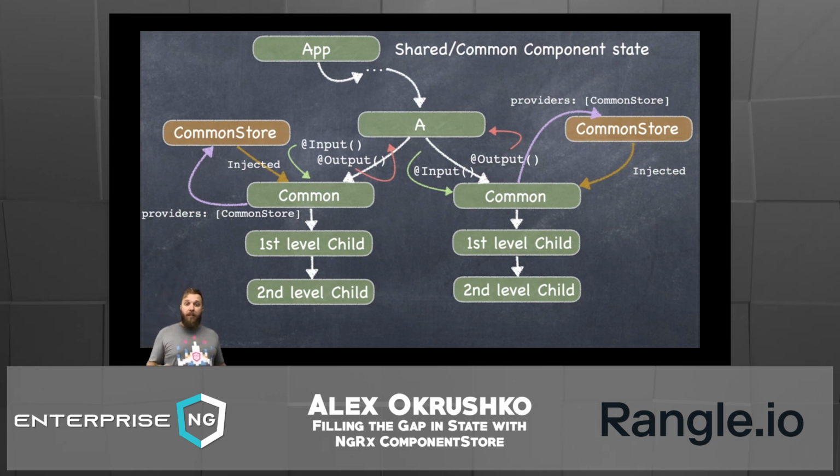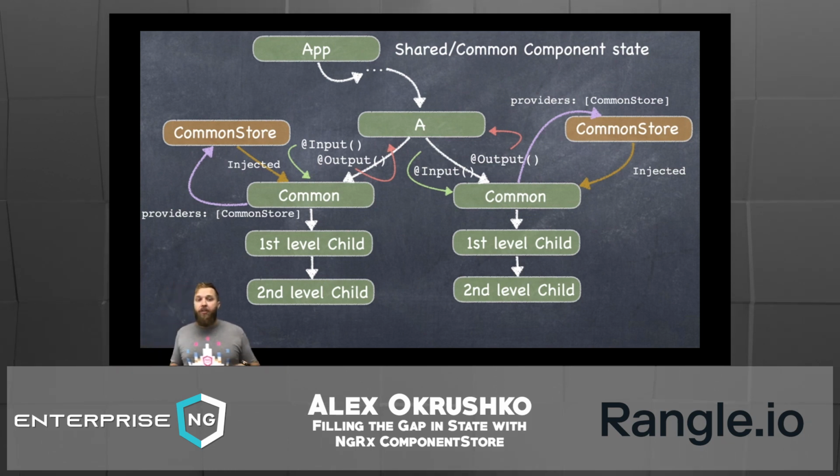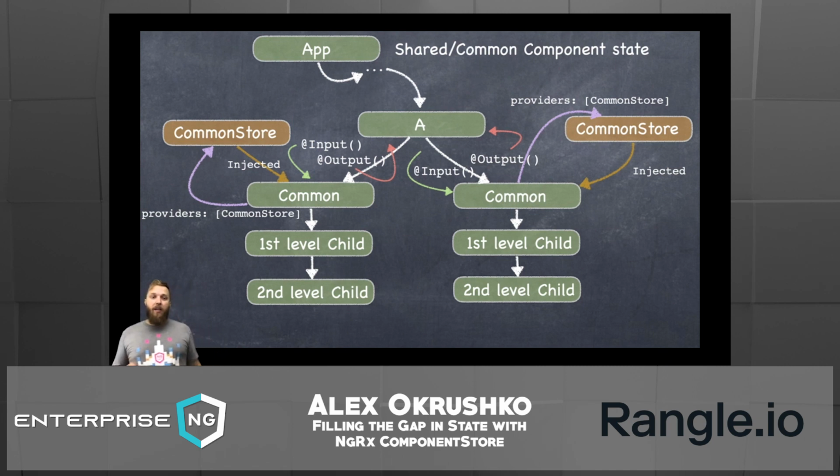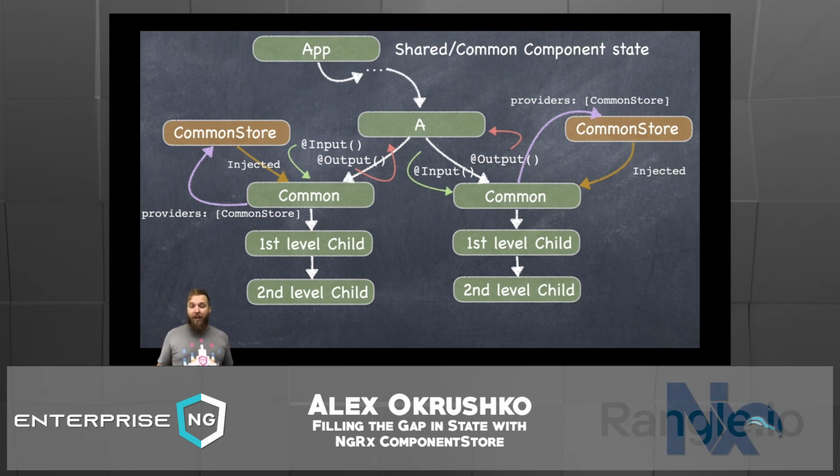So for example, here each common component would have its own common store, completely independent. And then if you inject it somewhere deeper in the first or second level children, they will have access to their appropriate common store. So this was the example that actually started the whole component store within Firebase, and later on, this is how it got into NgRx.